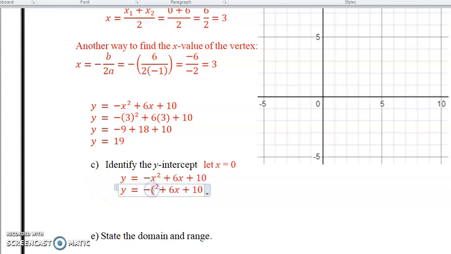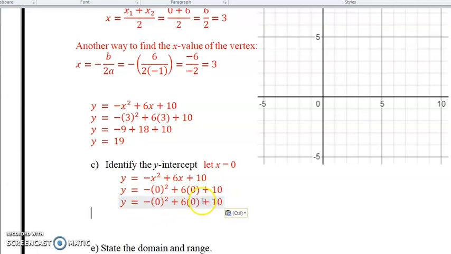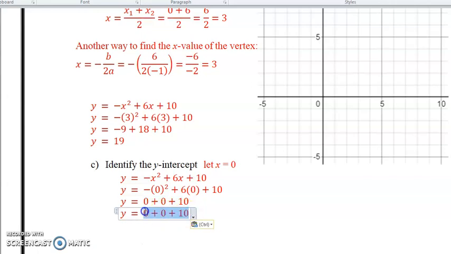So it'll be a 0, and that'll be a 0. Again, as you get better at this, you're like, oh, sir, it's just 10. Perfect, that's fine. But again, in case it's not in this standard form, that'll be just 0 plus 0 plus 10, and that'll be 10. Okay.